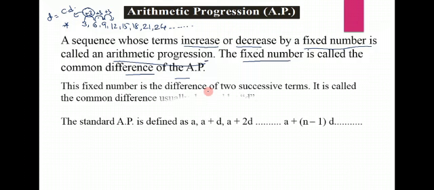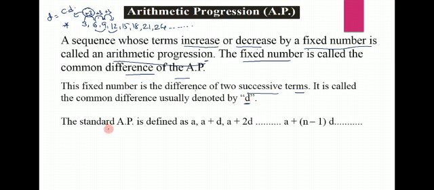Okay, now that fixed number is a difference of two successive terms. The difference of two successive terms is 3. Here, if you take any two successive terms in the AP, the difference between them remains the same. So that's why it is called the common difference, and it is usually denoted by small d.